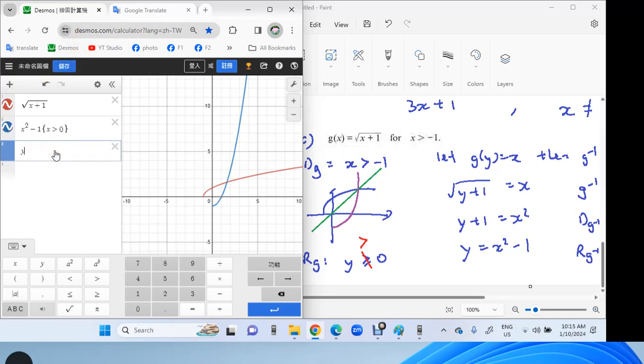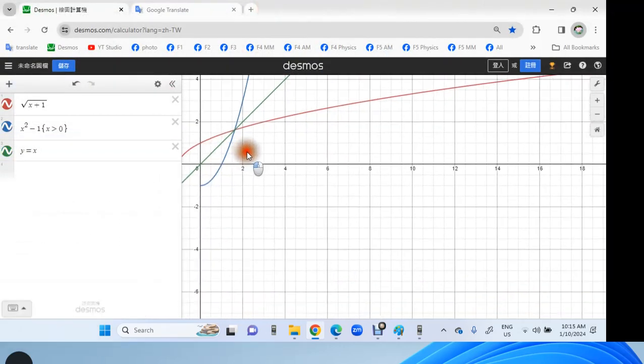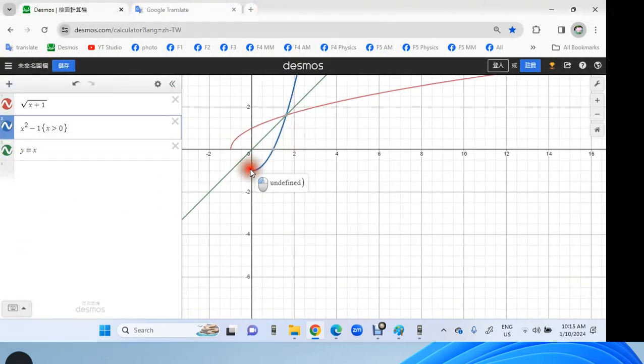Then we have y equal to x. So the graph looks like what I drew just now lah. Okay, actually it's -1 lah. And then this one is (-1, 0). Then this is (0, -1). (0, 1), then (1, 0). So they intersect at y equal to x. Okay, so this is how the graph looks like.